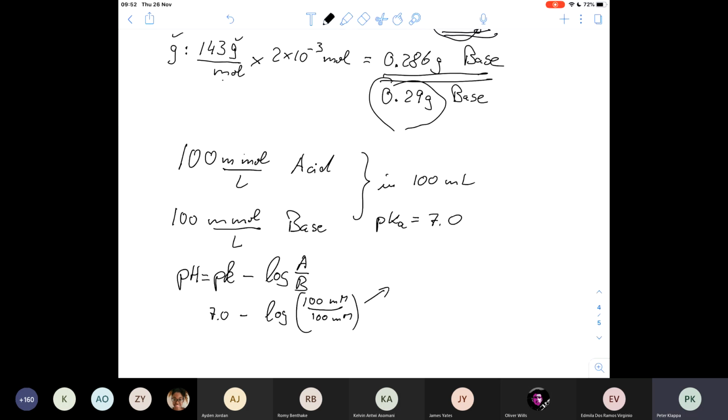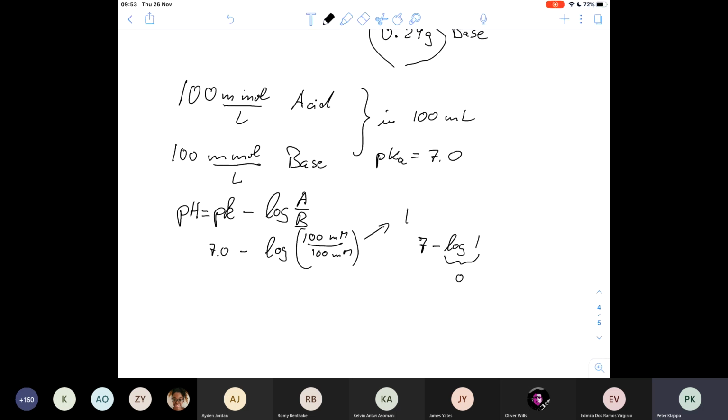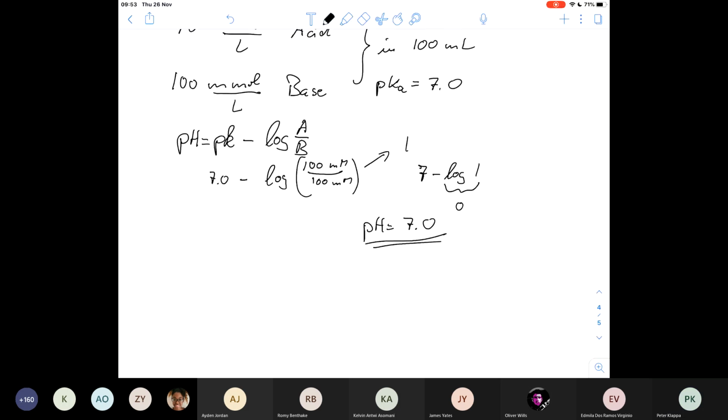That gives us 1. So we've got 7 minus log 1, and that gives us 0. So pH, in this case, equals 7. Right? And I've done A over B, acid over base, and I've got the negative here.